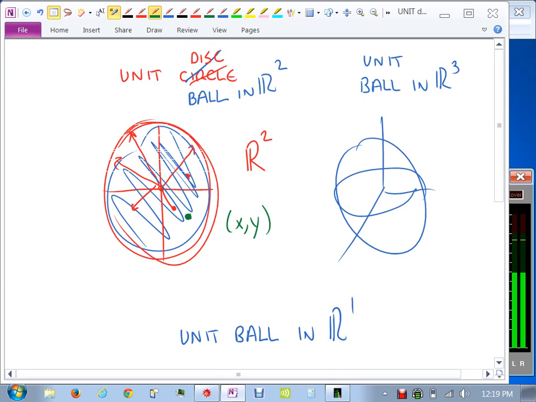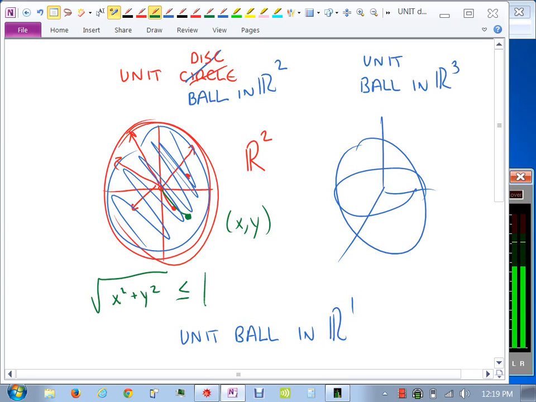Then what I can tell you is that the distance is less than 1. How do we find distance? It's the square root of x squared plus y squared. That would be the distance from here to here. You just do Pythagorean on a triangle here. That would be less than or equal to 1.